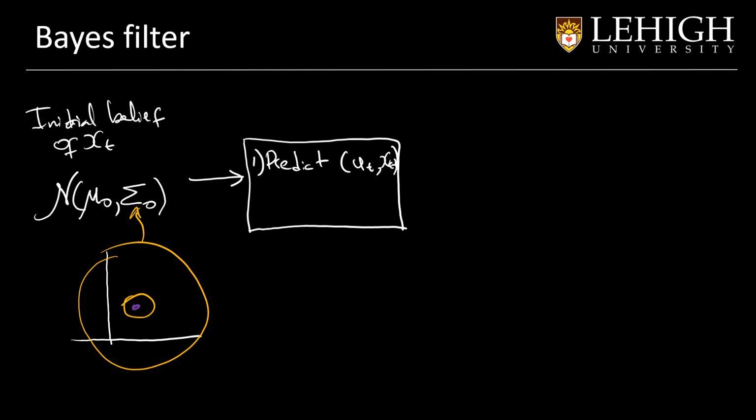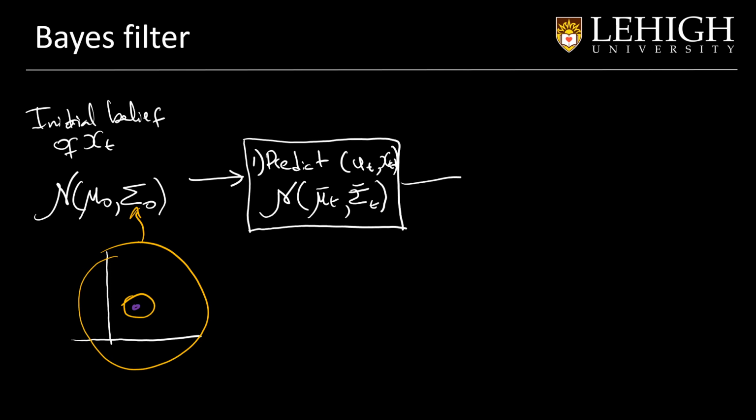And this prediction is based on a normal distribution that will model the motion, and we will have mu t bar. Let me write it down. This is the mean, and we put a bar just to say that it is based on the prediction, and we have a covariance that is also based on the motion model.